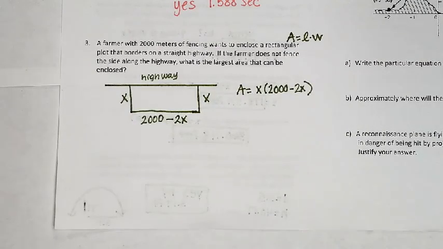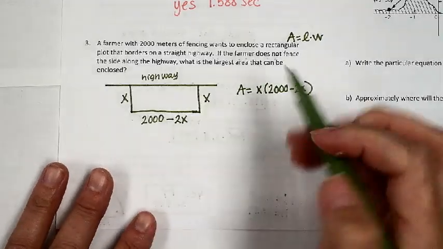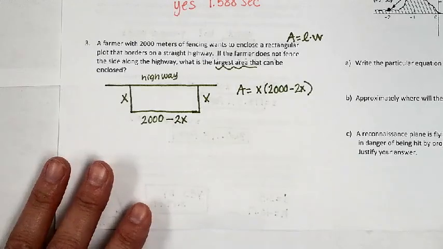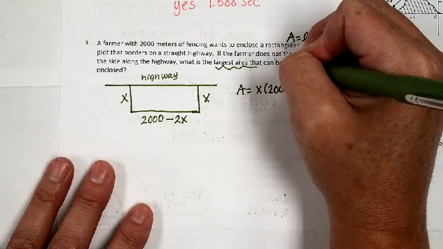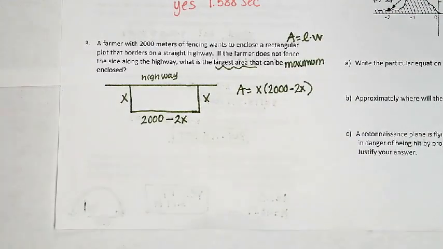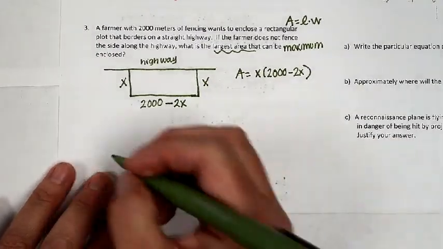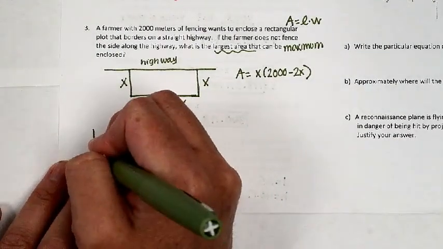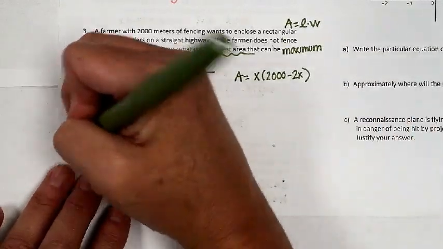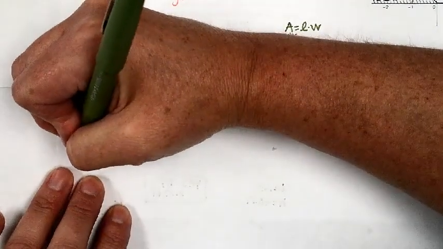Question: what is the largest area that can be enclosed? What we're looking for is the maximum, the vertex. Let's think about what's going to happen when I graph this. My y value is area, and my x is like your length.